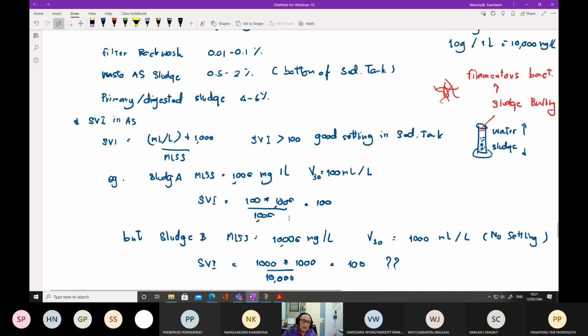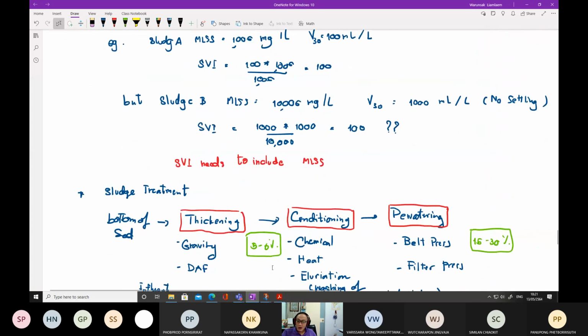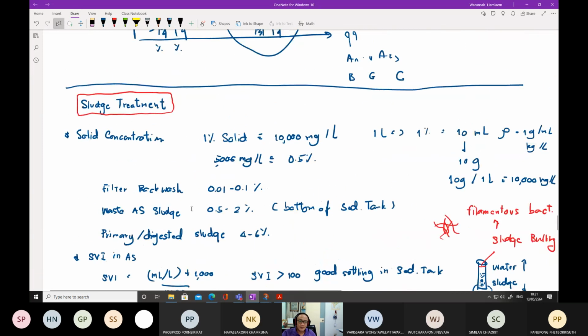Okay, so for the sludge, I'm talking about the sludge concentrations in terms of the percentage. Here is the meaning of the 1%. So what does it really mean by 1% of the solids? 1% is equivalent to 10,000 milligrams per liter.